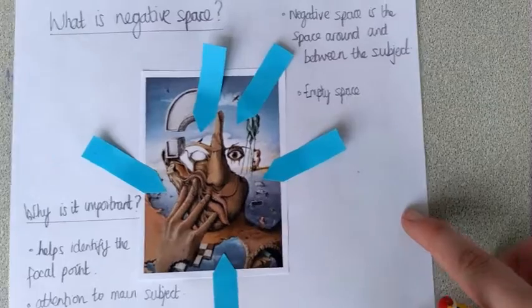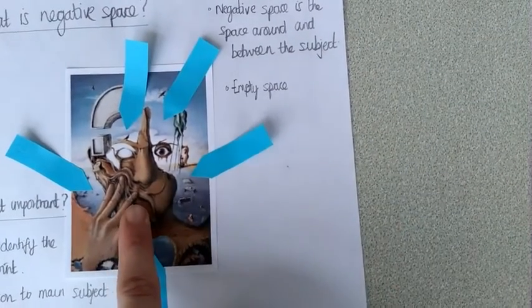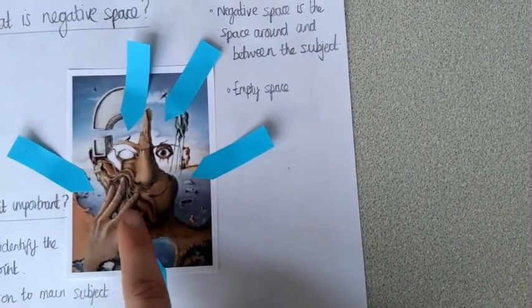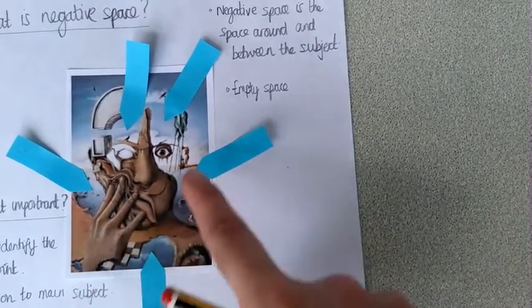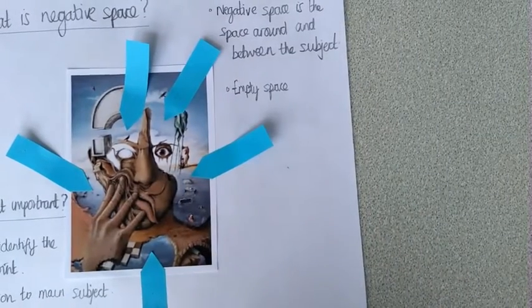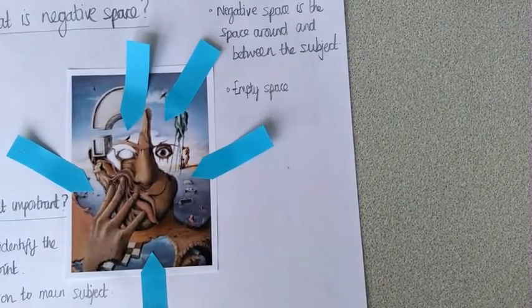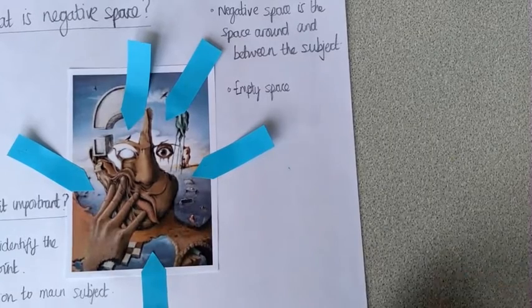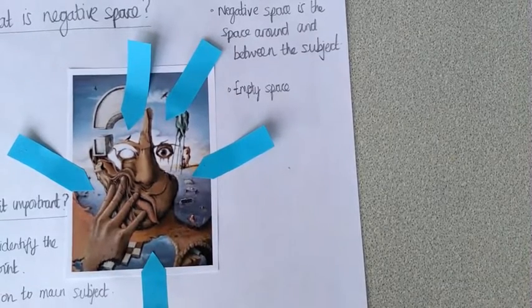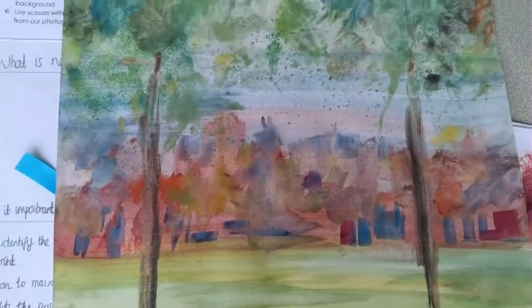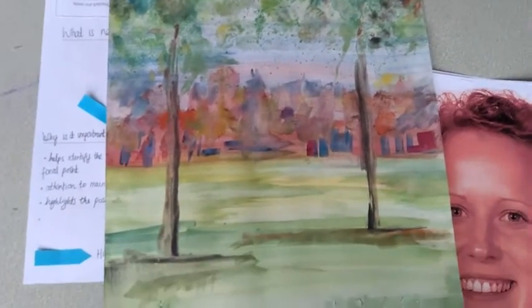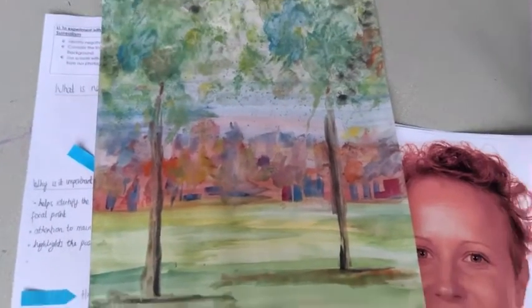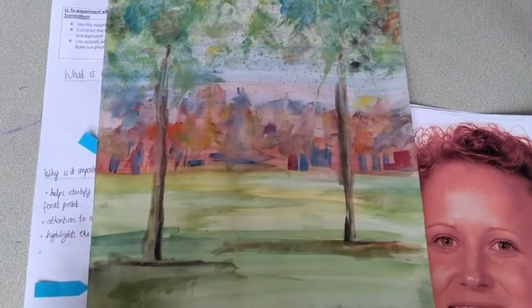Right, let's go back to our main subject picture. This is going to form part of the middle ground in our art outcomes. So last week when we were creating our backgrounds, let me just bring up my background. There we go.